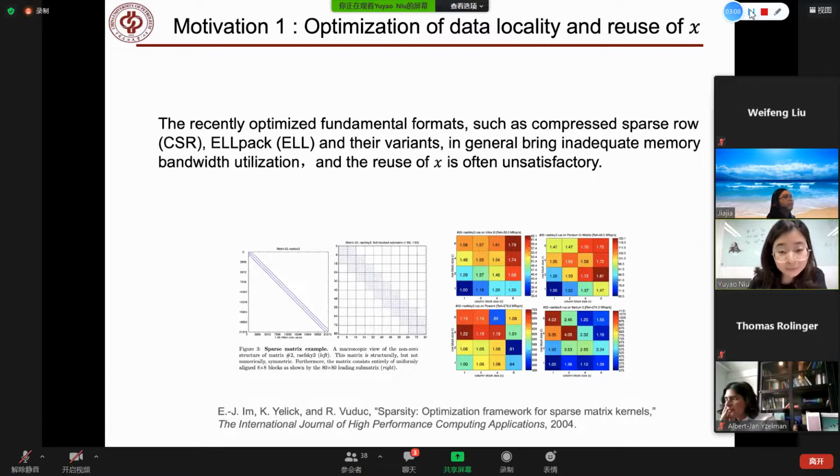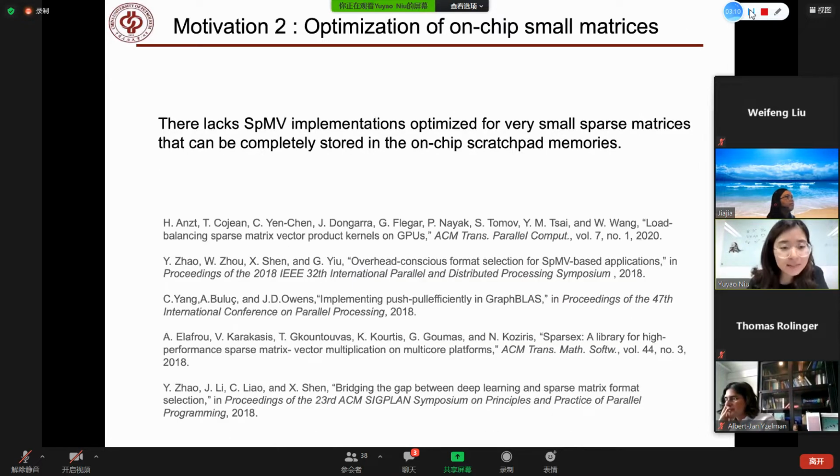of X. And secondly, most existing work focuses on the optimization for very sparse matrices. However, there lacks SpMV implementations optimized for very small sparse matrices that can be stored in the on-chip scratchpad memories.